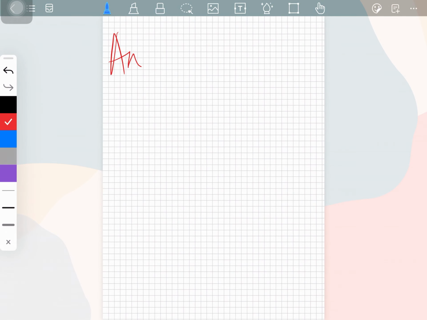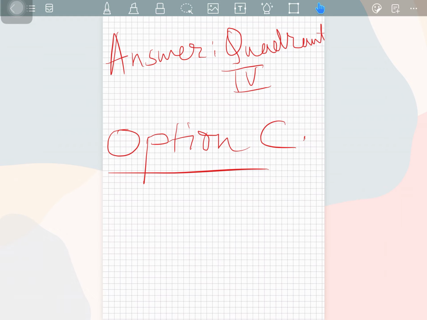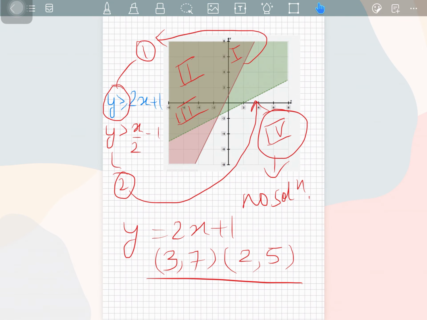So our answer would be quadrant 4. So this means the correct answer is option C. So that's the correct answer. If you look at it, you can see that the fourth quadrant has no solution.